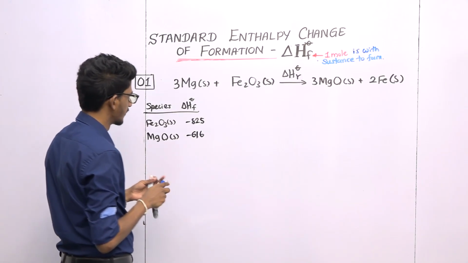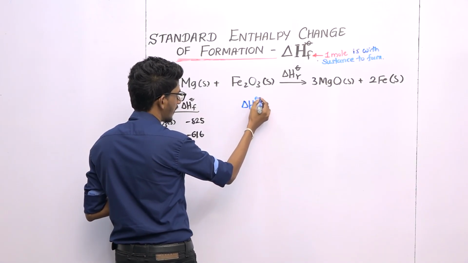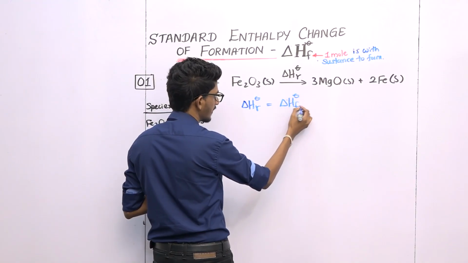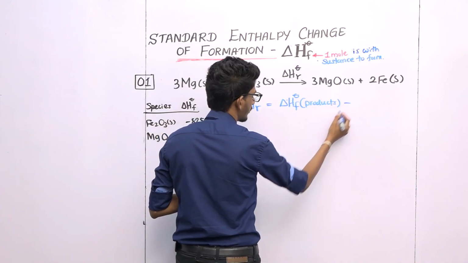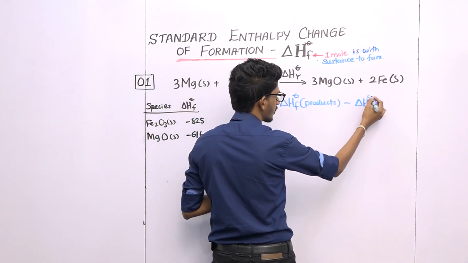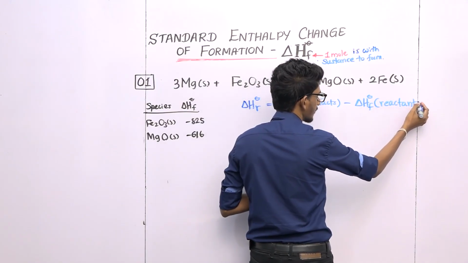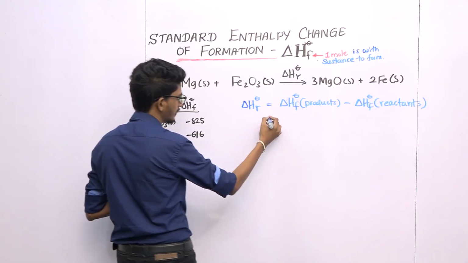First of all, we can write the relationship: delta H naught R is equal to delta H naught F of products minus delta H naught F of reactants. Let's do the substitutions.